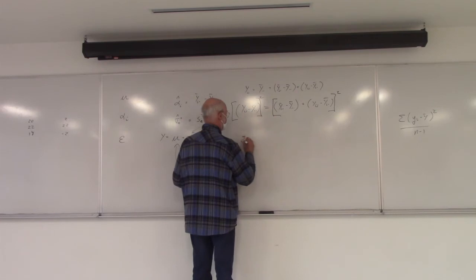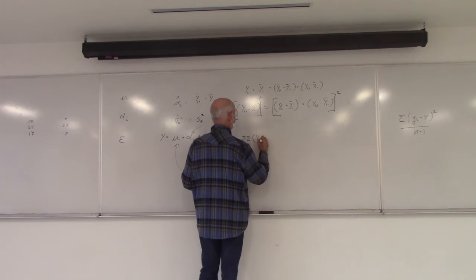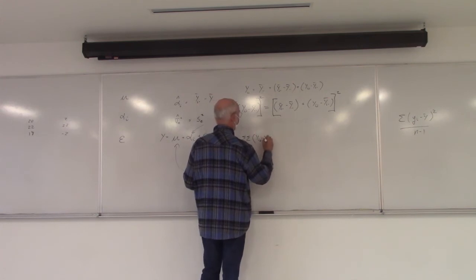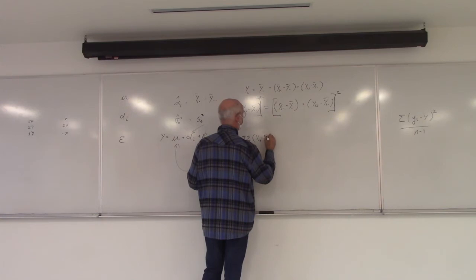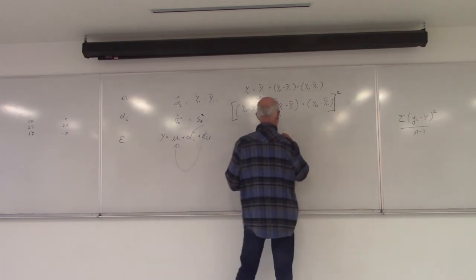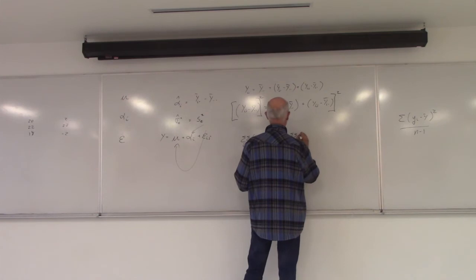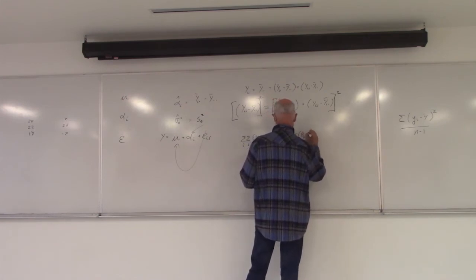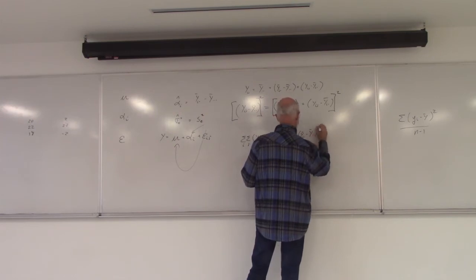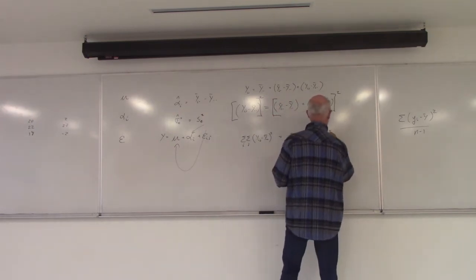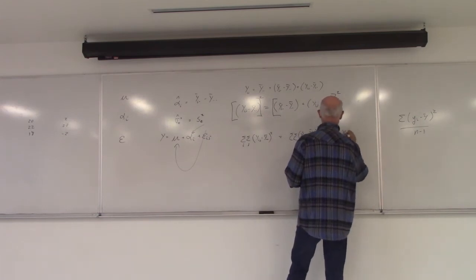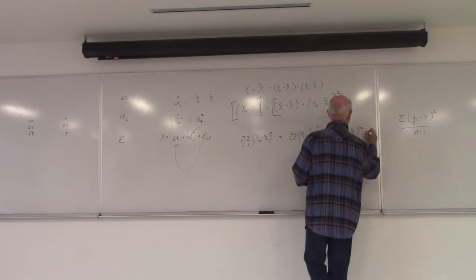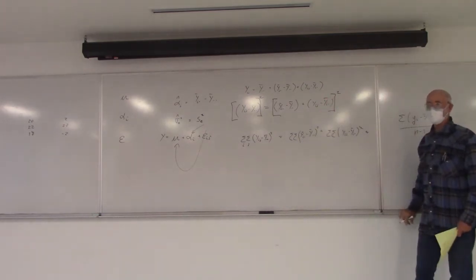So now we're going to have the sum across i and across j of yij minus y bar dot dot, quantity squared, and that's equal to the double sum of yi dot bar minus y bar dot dot, quantity squared, plus the double sum of yij minus yi dot bar quantity squared, plus the cross product.